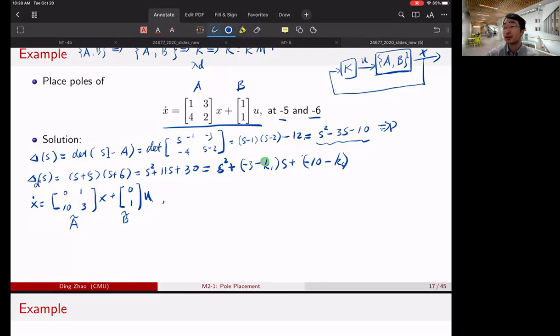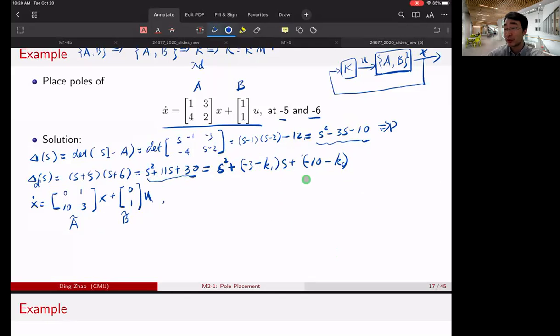So we have minus K1 and minus K0, so that after this original system has this feedback control K, we have these two terms in the system, and we want this new feedback system to equal the desired characteristic polynomial, which is what we want.